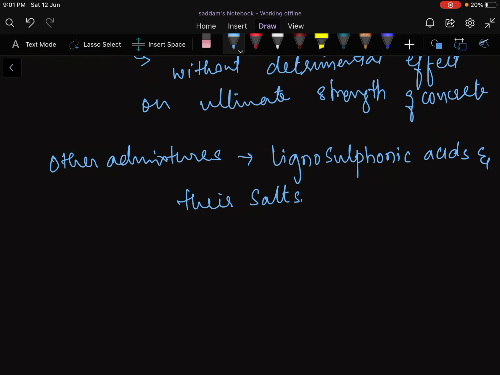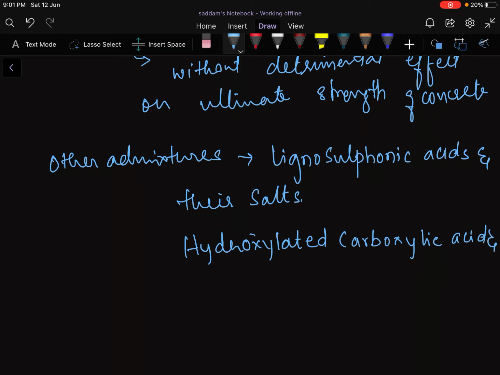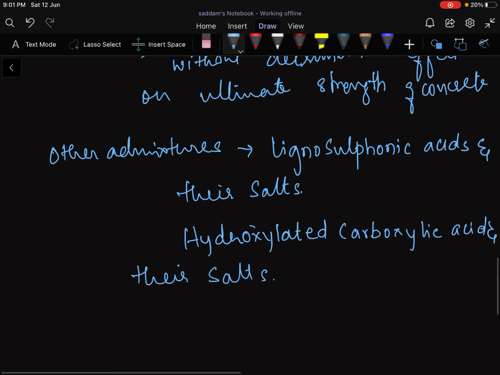Second one is hydroxylated carboxylic acid and their salt. Okay, so these are the retarders. These are the common types of retarder which are used.